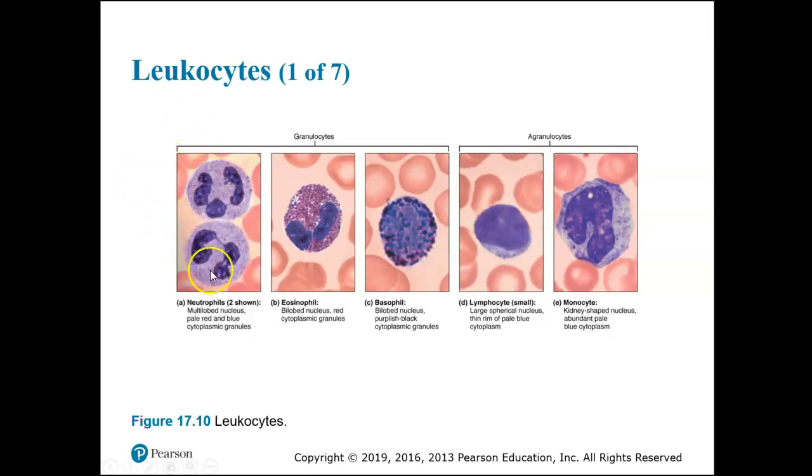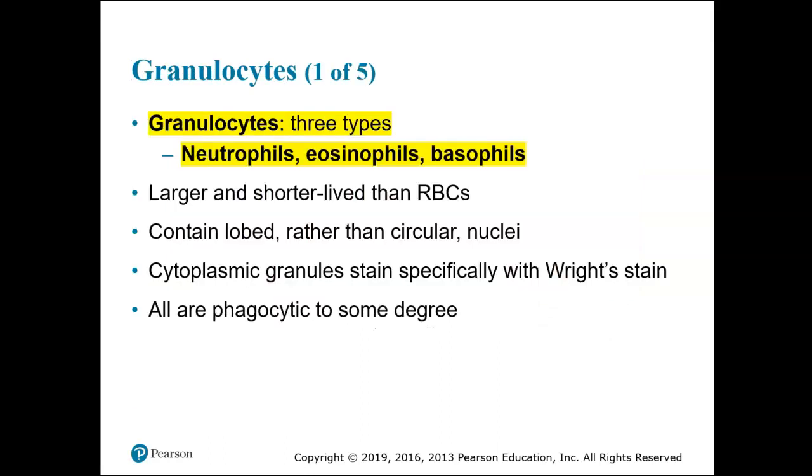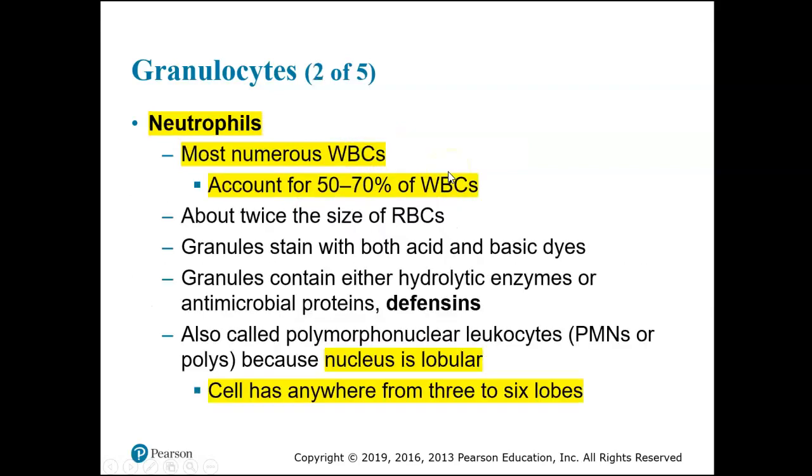They're normally the first responders to infection, whereas monocytes will differentiate into macrophages and they will move slower, but they can engulf a large amount of damaged cells and pathogens.